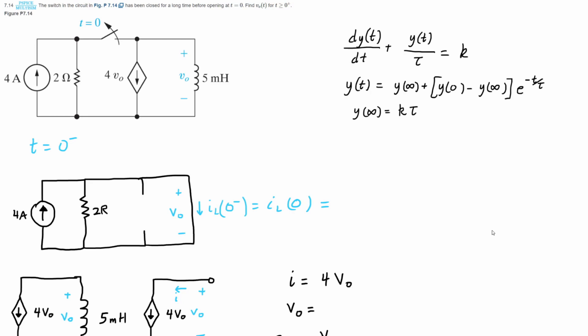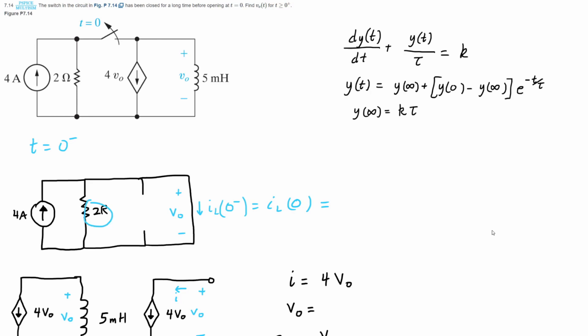Now, at the steady state, once the inductor is magnetically saturated and everything, it'll become basically a short. It won't be pushing back against the current anymore because it's been stabilized. So at a steady state, it basically is a short, and an ideal short has zero resistance, so it's going to get all of the current.